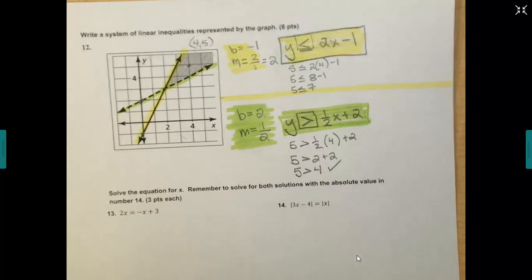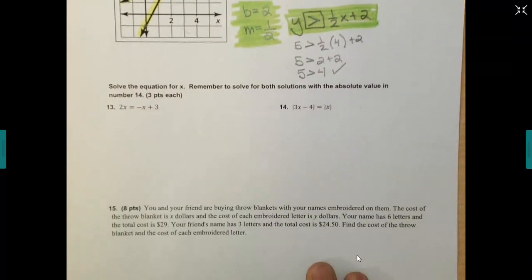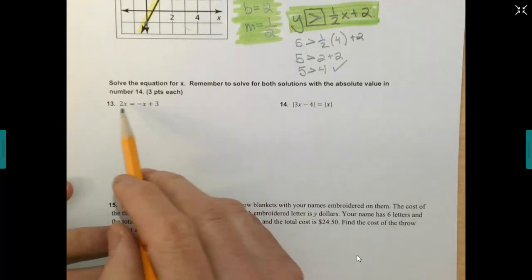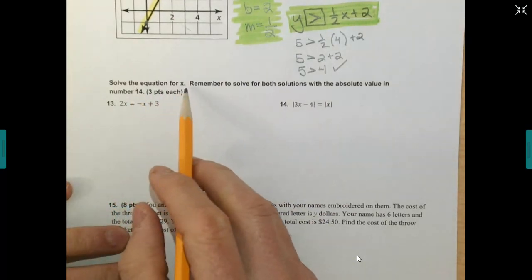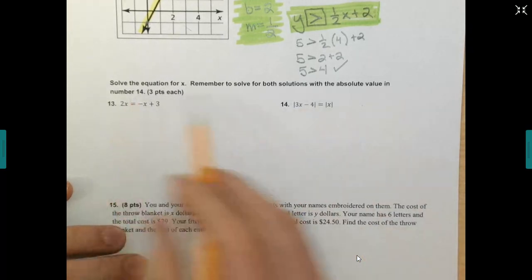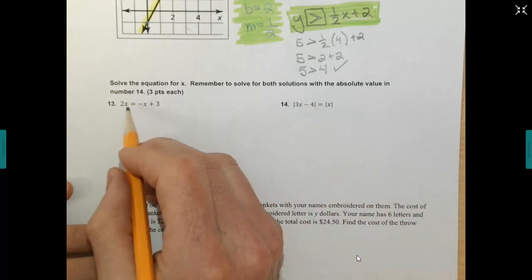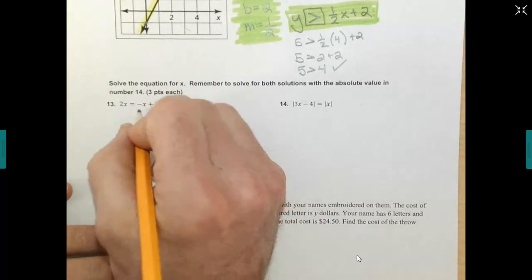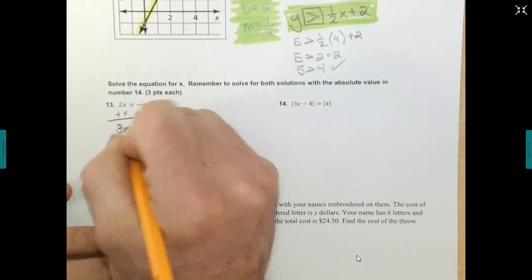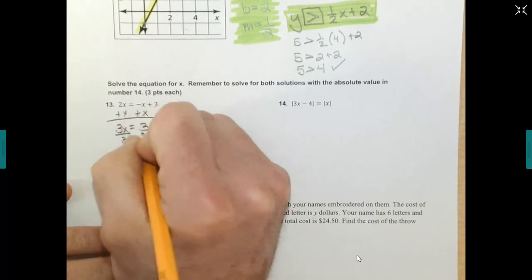All right, a couple more problems. Solve the equation for x. Remember to solve for both solutions with the absolute value in number 14. So, solve, add x. So I have 3x equals 3.